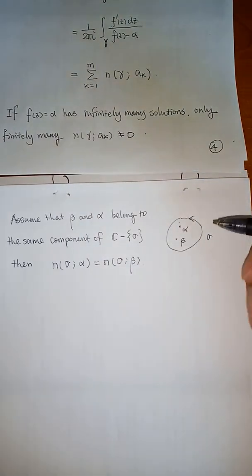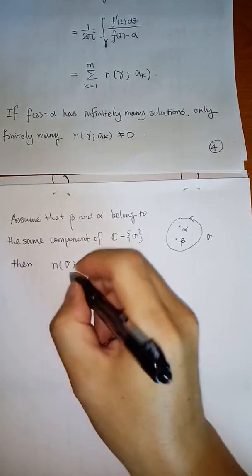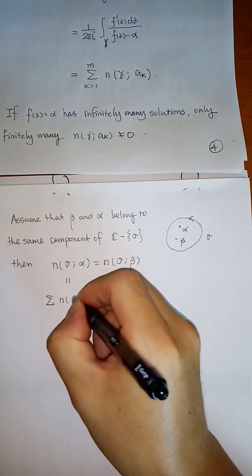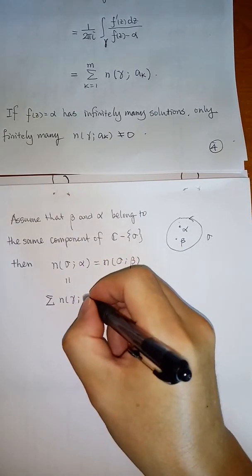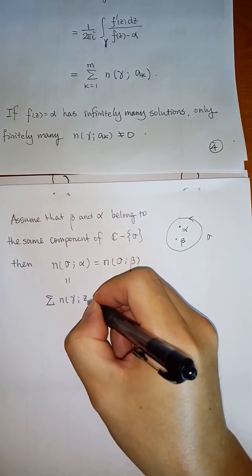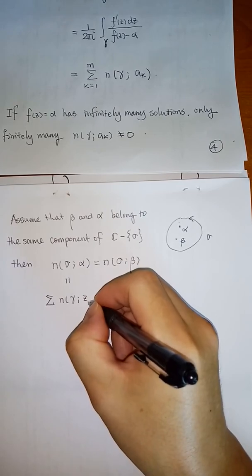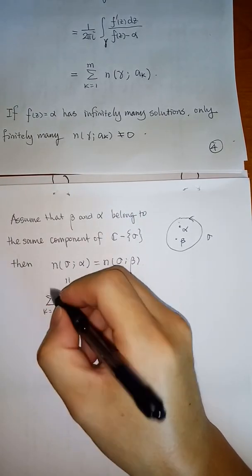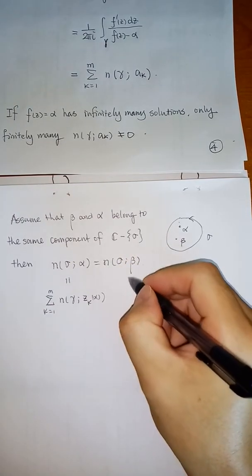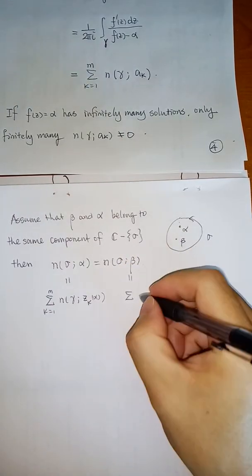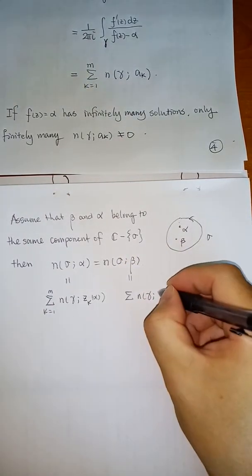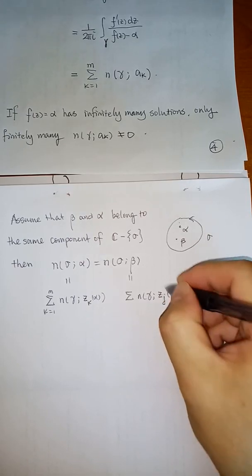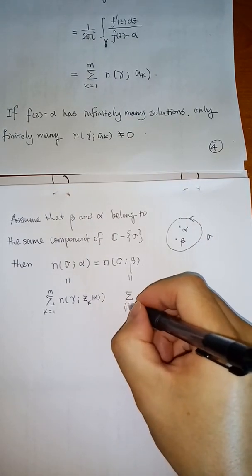Okay, then you see this one is equal to the sum of the winding numbers of gamma about the zeros of alpha, k from 1 to m. And this one is equal to the sum of the winding numbers of gamma about z_j(beta), the zeros of beta, j from 1 to m.